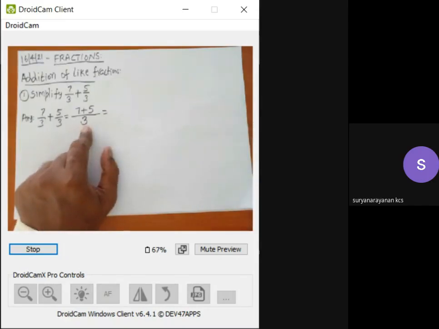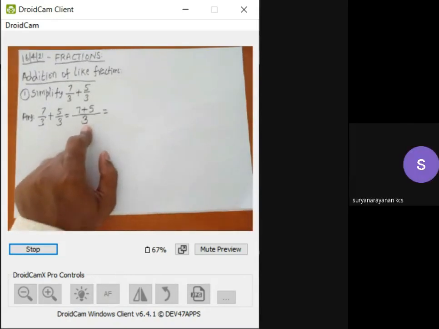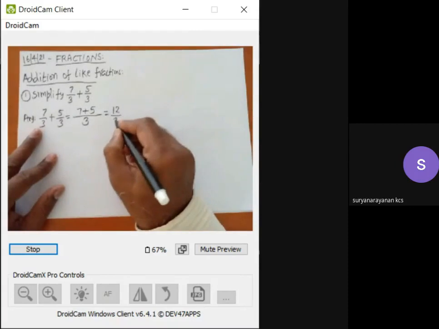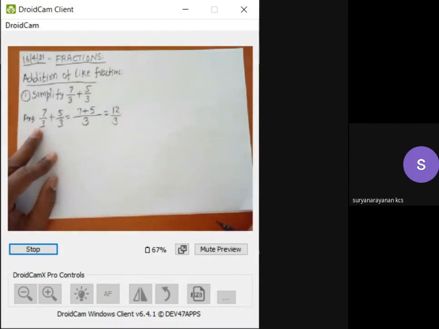Understood these steps, my dear children? Yes, sir. Then what will you get in the numerator? 12. Yes, 12. In the numerator, 7 plus 5, we get 12.